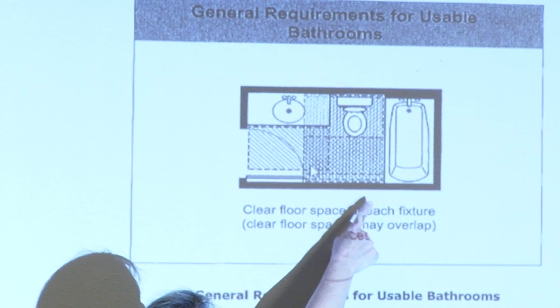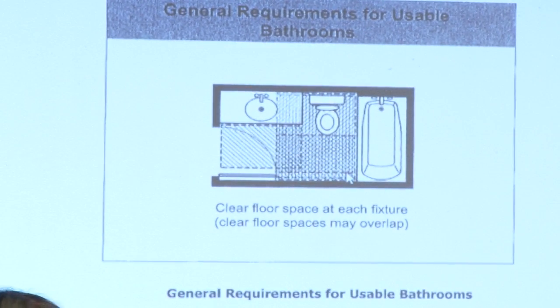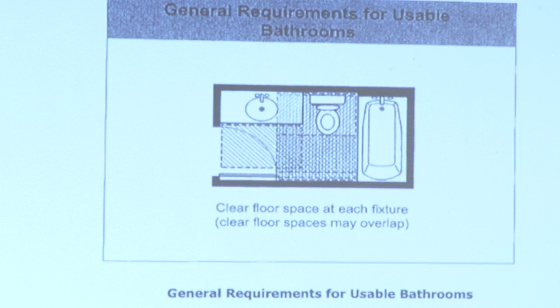Okay, and then again, bathrooms actually become even more difficult because you have the 30 by 40 space that's allocated right here in the middle. They do have to be able to clear the door swing, but unless you have a wheelchair, especially if it's a manual chair that has the side arm that pulls out of the chair, it's very difficult to transfer onto the toilet, and heaven help you with the tub.